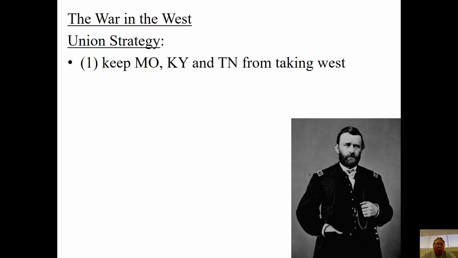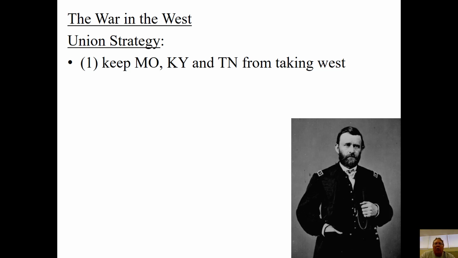The Ohio River can work, but it's going upriver. It's much easier to transport goods downriver. So by taking control of the Mississippi, you not only harm the Confederacy, but you once again open up a huge trade route for the rest of the interior part of the country. So to do this, to make sure places like Missouri and Kentucky stay loyal to the Union, don't join the Confederacy, huge armies are being raised out west, right?